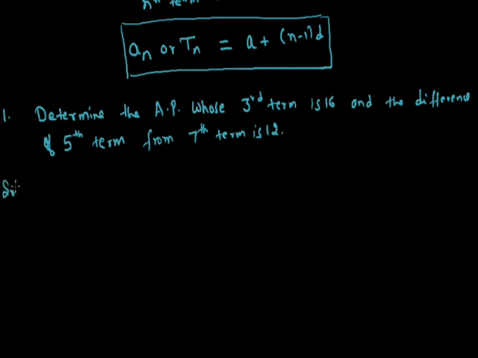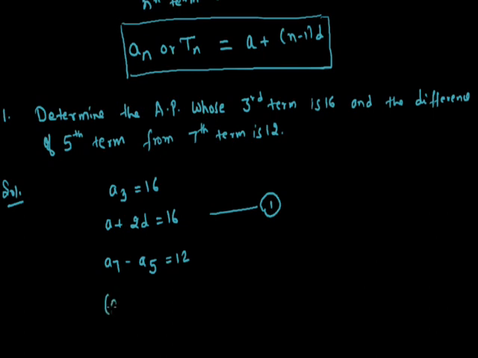Now solution for this example. It is given the third term of an AP is 16. It means A3 equal to 16. So we can also write a plus 2d equal to 16. Now this is the first equation. And it is given that the difference of the fifth term from the seventh term, so A7 minus A5 is equal to 12.